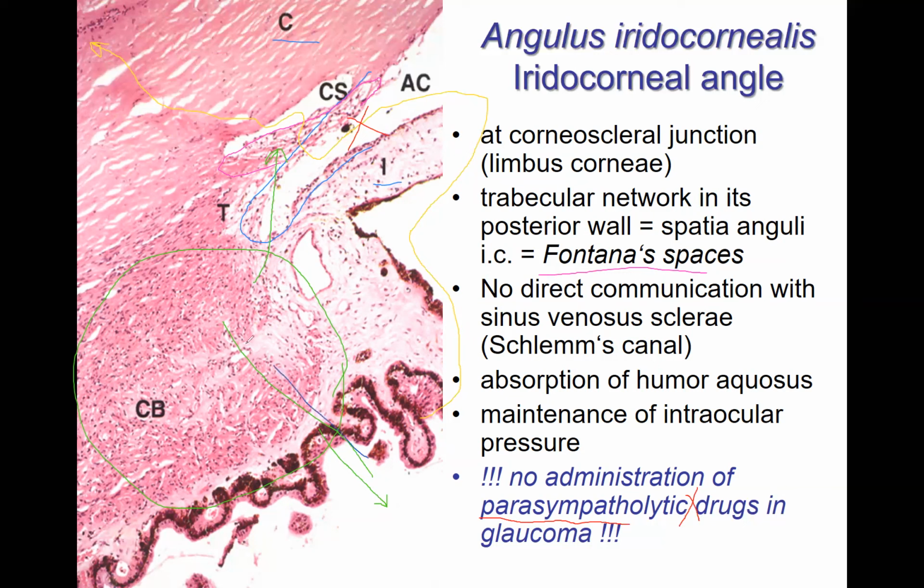They will move it back here, so they will compress it here. So parasympatholytic drugs will worsen the drainage. So in case of a glaucomatic patient, the patient with diagnosis of glaucoma, do not administer parasympatholytic drugs, otherwise the glaucoma will be very worsened, and the patient can suffer from a glaucoma crisis and can feel a terrible pain in the eye. So this is pharmacology based on anatomy.